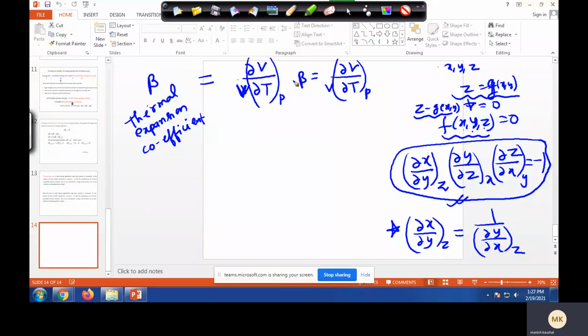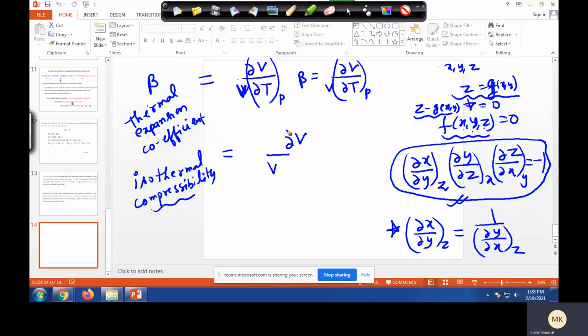That is our beta. Then there is something called isothermal compressibility. Since we are talking about real gases, both these terms are important. Again, it is going to be dou V by V, the fractional change in volume.